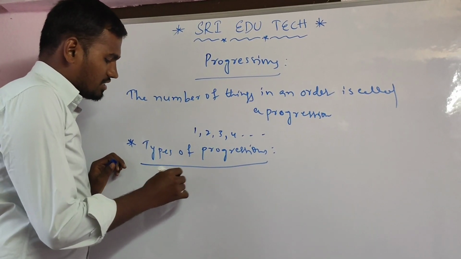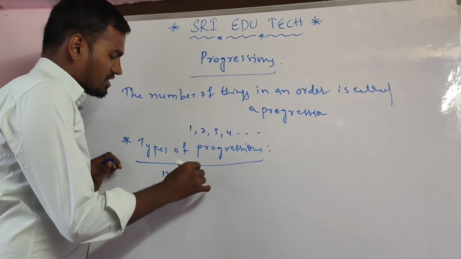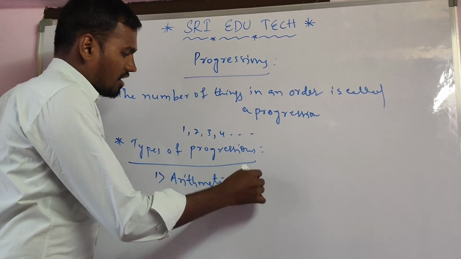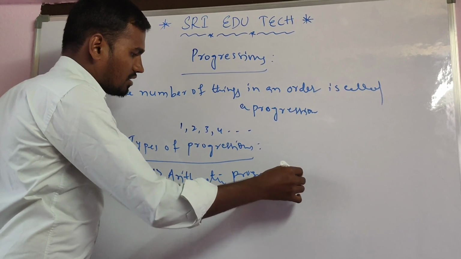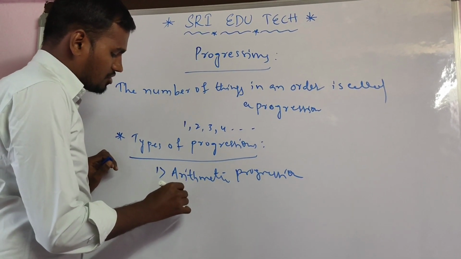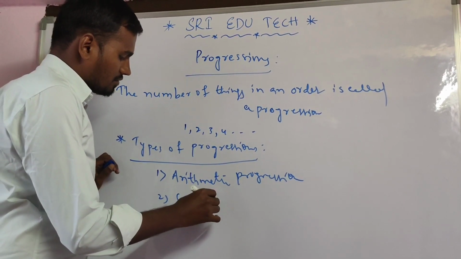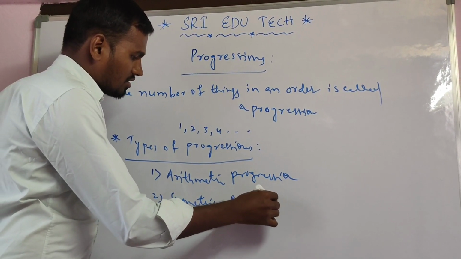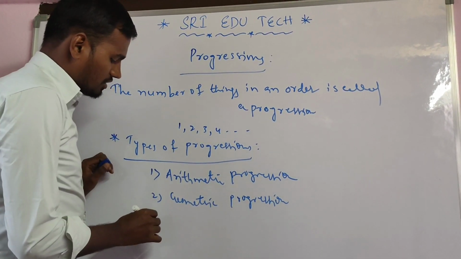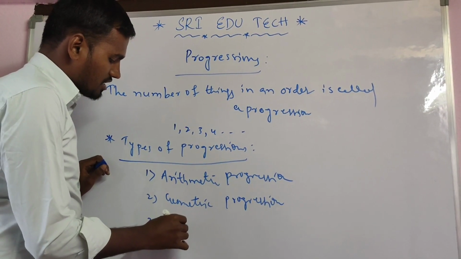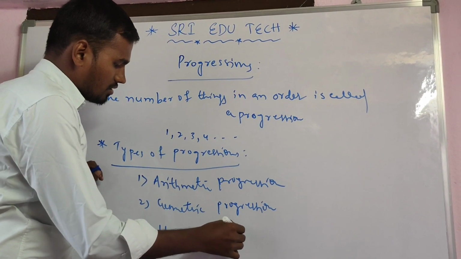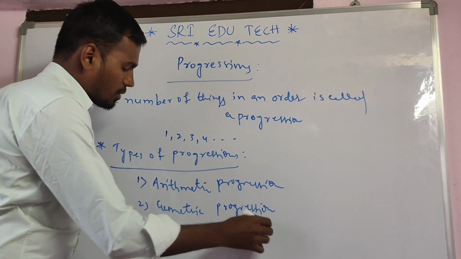One is arithmetic progression. Another one is geometric progression. And one more is harmonic progression.